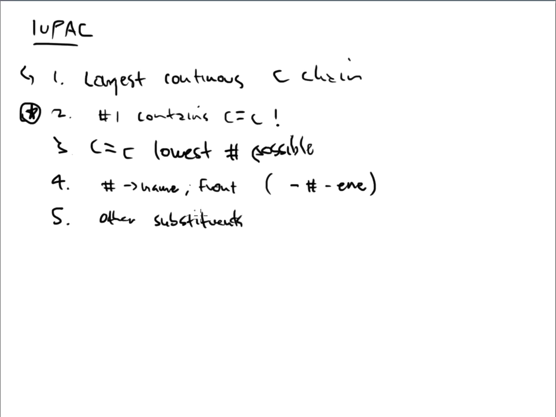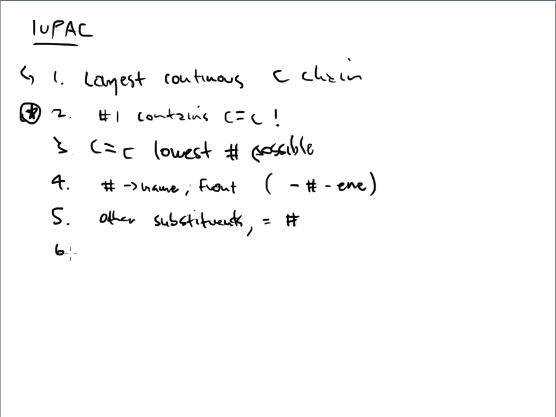Substituents are things like chloros and bromos and methyls and so forth, just like we did before. So you name the other substituents, and they also need a number associated with them as well. So ethyls, methyls, propyls, isopropyls, sec-butyls, chloros, bromos, iodos, fluoros. You know the drift. Same as before, no difference again.